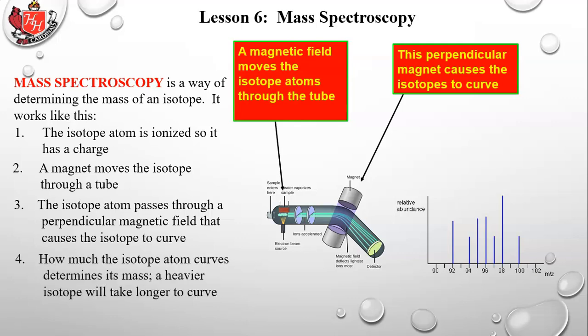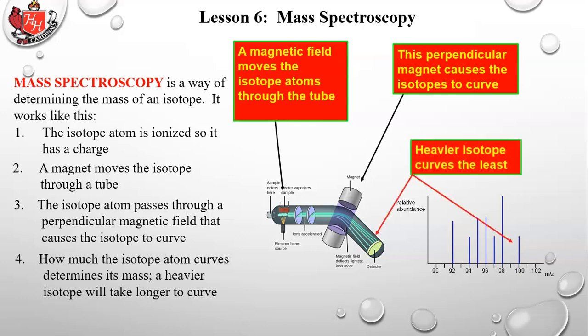And fourth, how much the isotope atom curves determines its mass. A heavier isotope will take longer to curve, just like the truck couldn't turn as fast as a motorcycle. So the heavier isotope would be on the top side of that tube because it can't curve as fast. And you can see that its relative abundance over there on that bar graph, it's actually a histogram, is at 100.